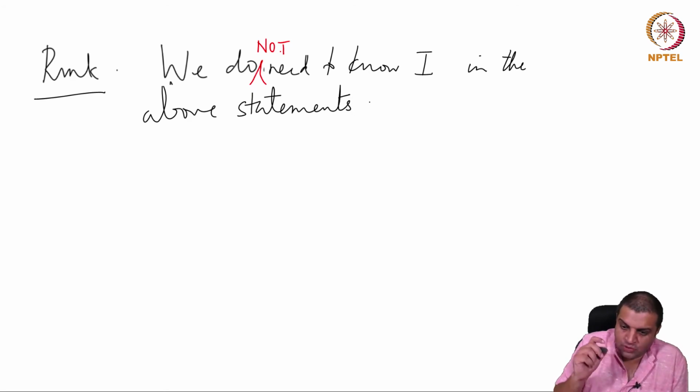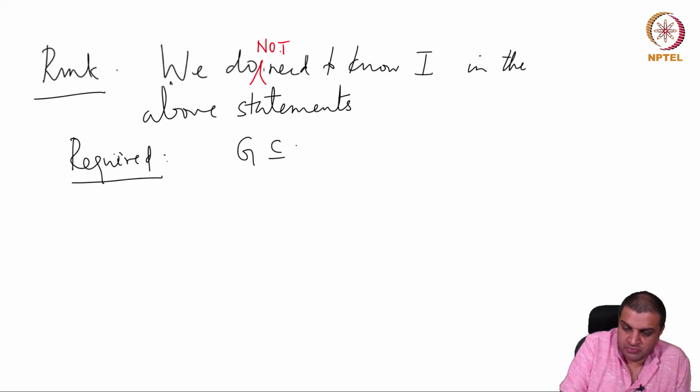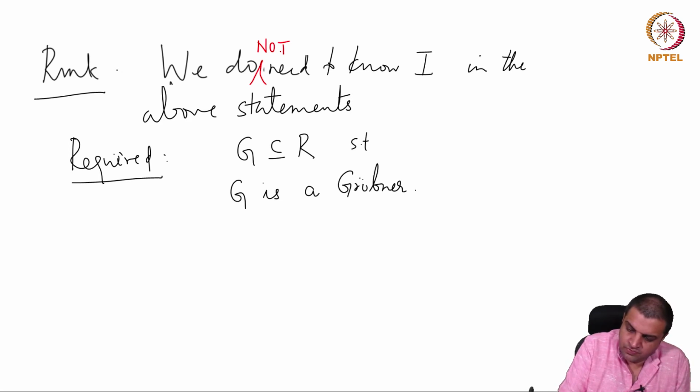What is required is the following property, that G is a subset of R such that G is a Gröbner basis for the ideal it generates.